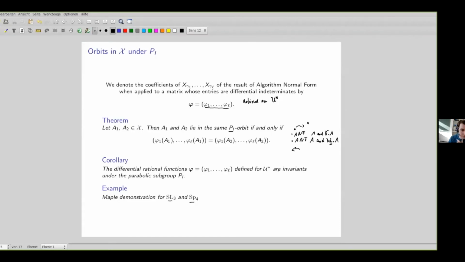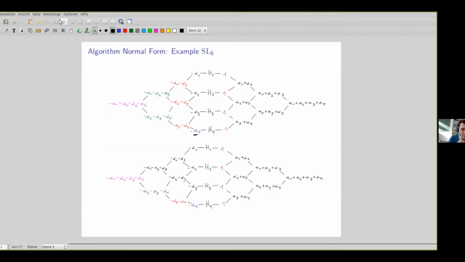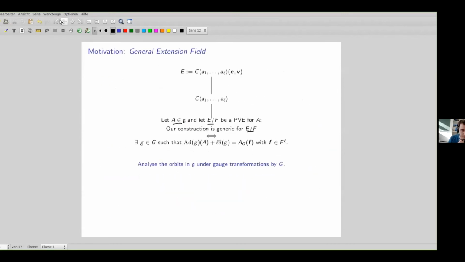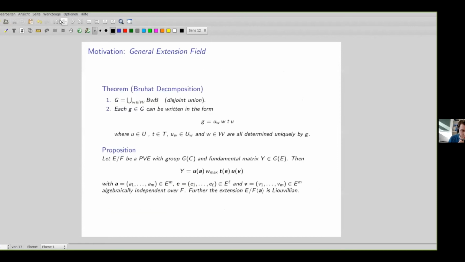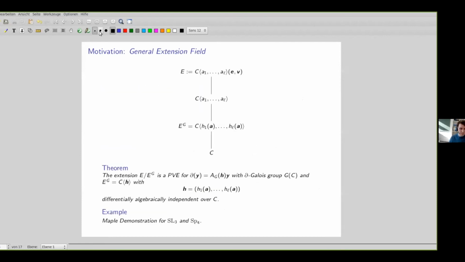First, let me tell you something about the generic or the general extension field. So how is this done? Keep in mind the example of the general equation for the general linear group.